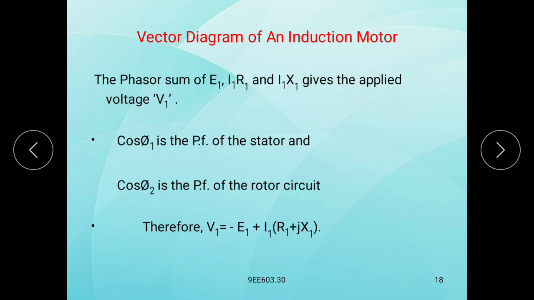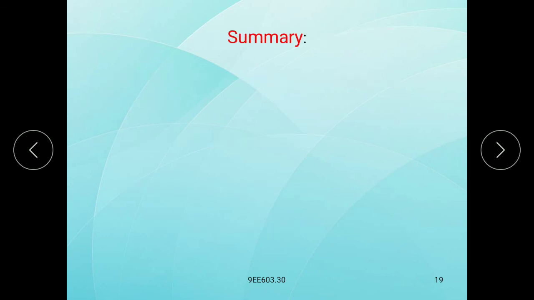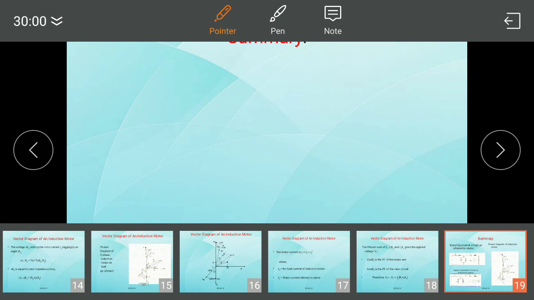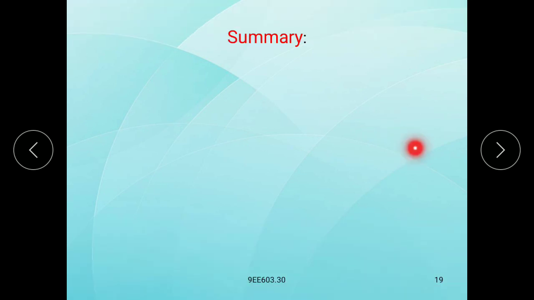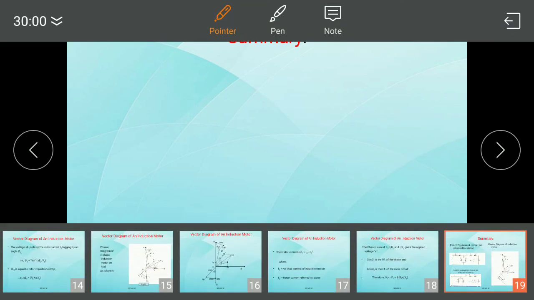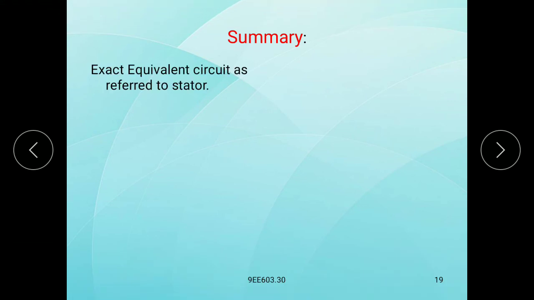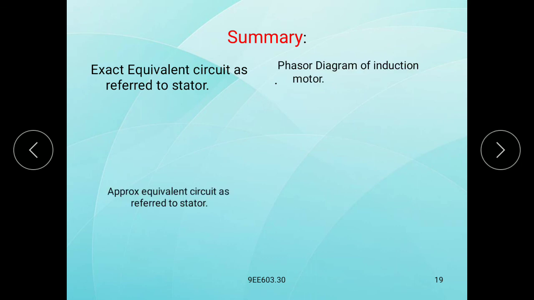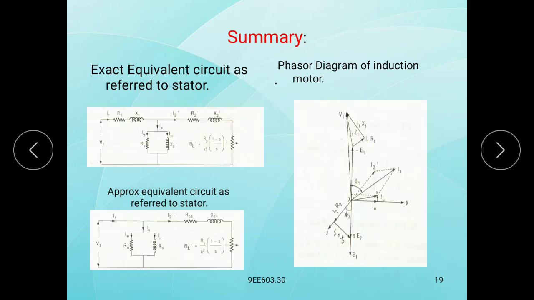V1 is equal to minus E1 plus I1 into R1 plus jX1. So this is the summary: the equivalent circuit referred to stator, the phasor diagram of the induction motor, and the approximate equivalent circuit as referred to stator. This is the summary.